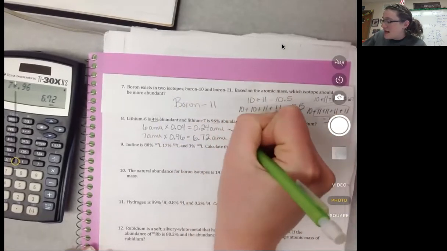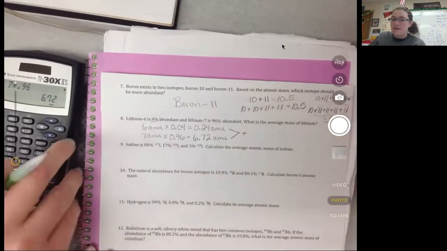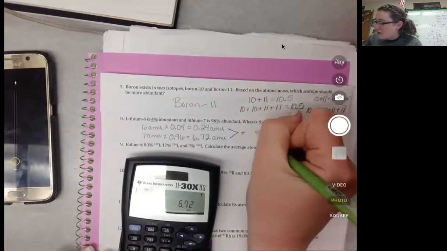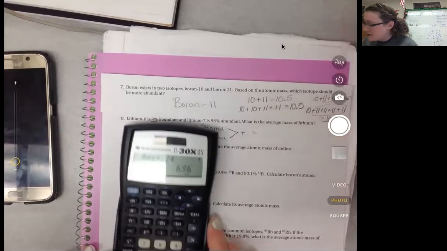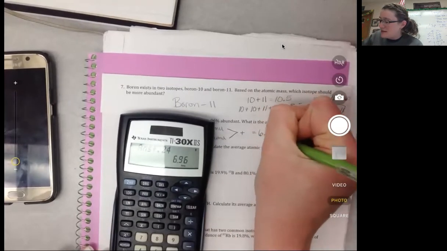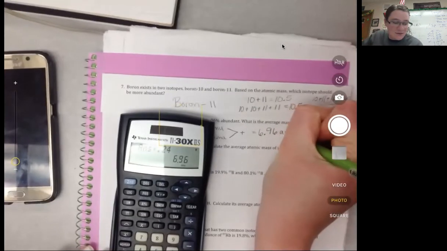I'm going to take these two numbers and add them together, 6.72 plus my 0.24, and that's going to be my atomic mass. It comes out to be 6.96 AMUs.